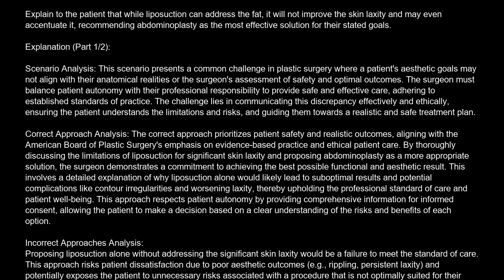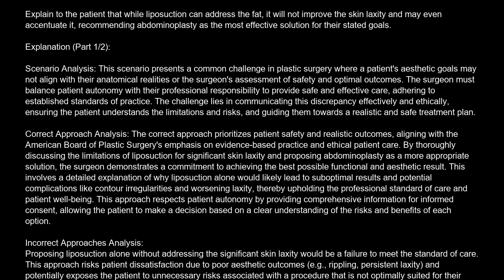The surgeon must balance patient autonomy with their professional responsibility to provide safe and effective care, adhering to established standards of practice. The challenge lies in communicating this discrepancy effectively and ethically, ensuring the patient understands the limitations and risks, and guiding them towards a realistic and safe treatment plan.